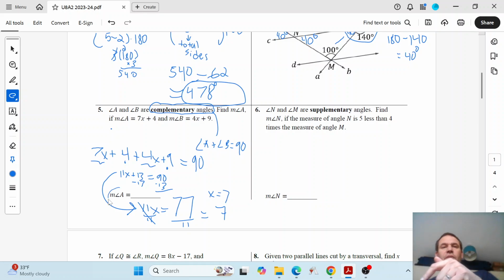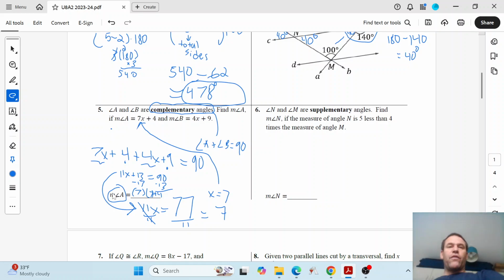They want you to find the measure of angle A, so you have to take 7 and plug it back into A. That's going to be 7 times 7 plus 4. 7 times 7 is 49, plus 4 is 53.